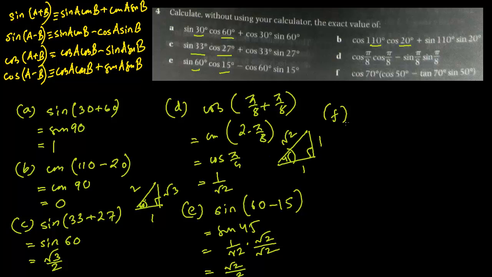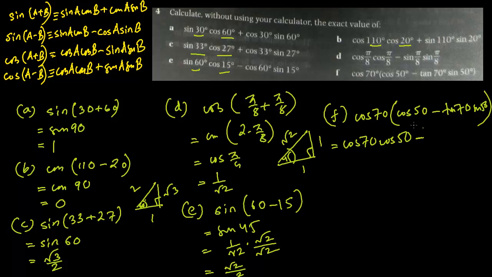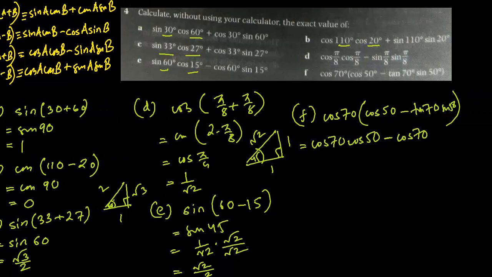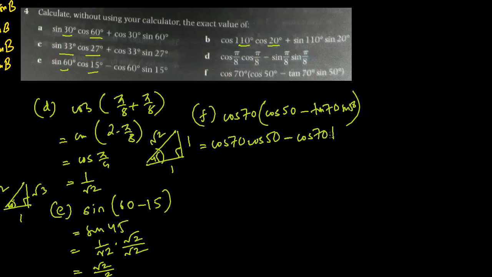Question number F. We have cos 70, then we have a bracket, we have cos 50 minus, then we have tan 70 and sine 50. This is what we have. Let's multiply. If we write cos 70 and cos 50 minus cos 70 times tan 70 times sine 50, let's see what turns out to be.